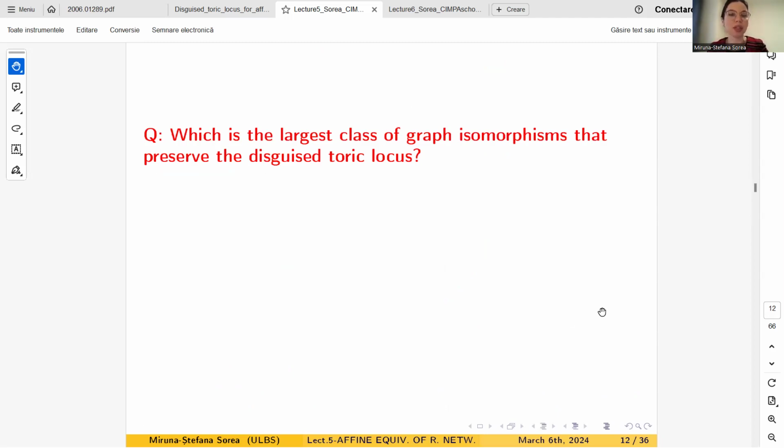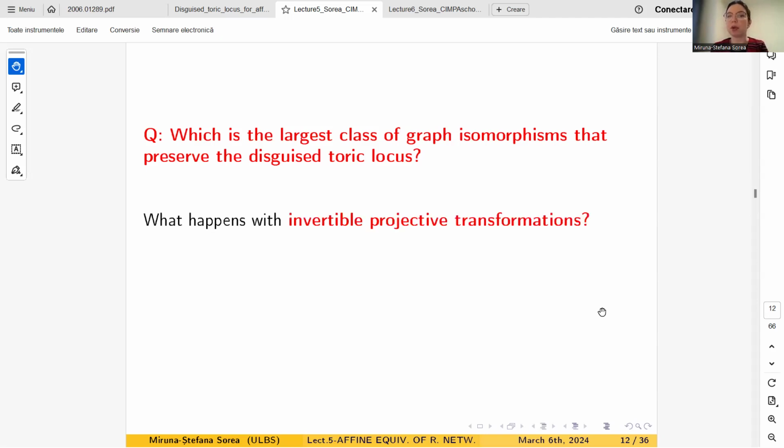I'm not sure if that's what you were wondering, but we also ask now, okay, these invertible affine maps are good, but what is the largest class of graph isomorphisms that can preserve the disguised toric locus? Since we know that collinearity of the vertices is necessary, we might also think that invertible projective transformations, which also preserve collinearity, are a candidate for preserving the disguised toric locus after applying the transformation.